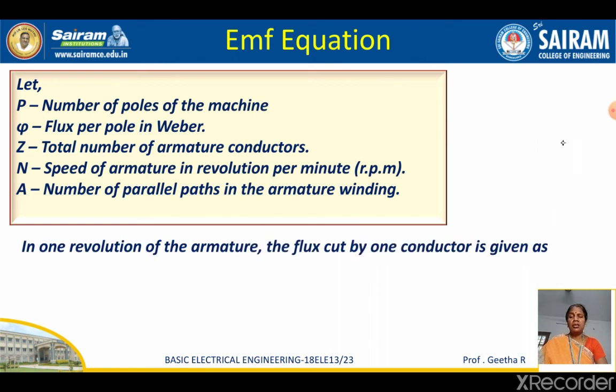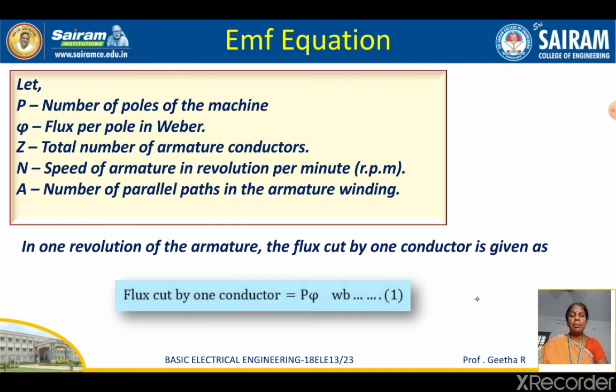Consider one revolution of the armature, one complete rotation: the flux cut by one conductor, when phi is the flux per pole, for P number of poles for the complete revolution, is nothing but the product of P into phi.